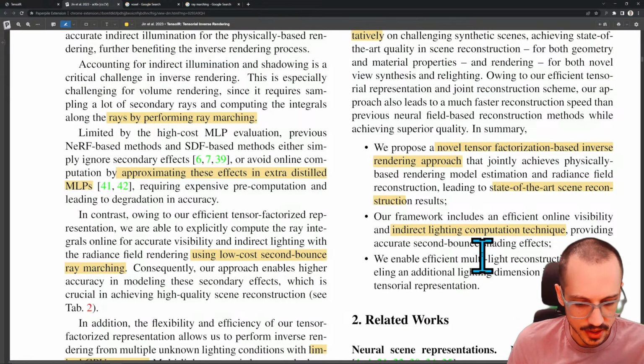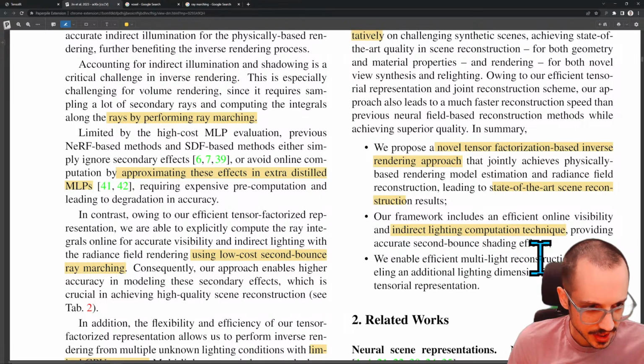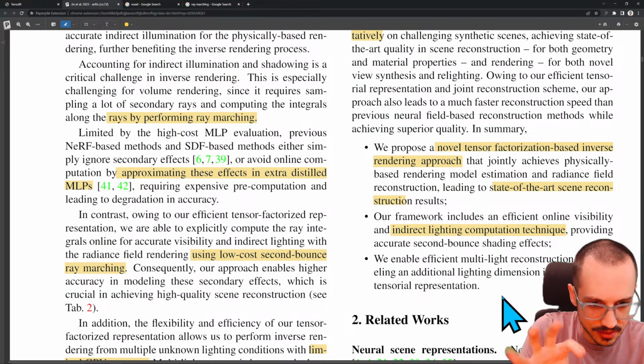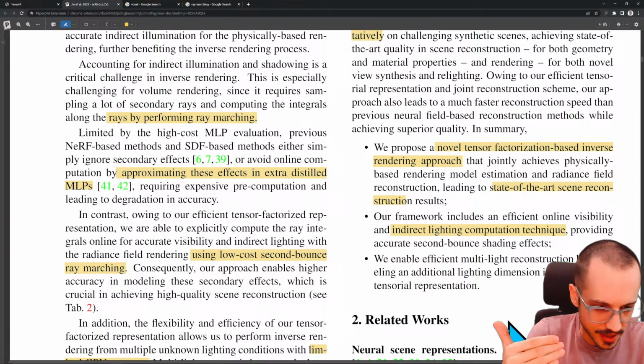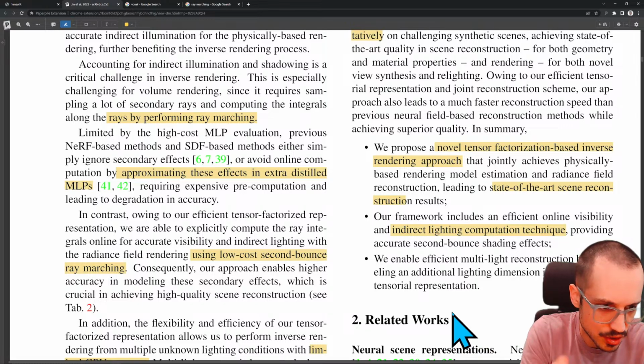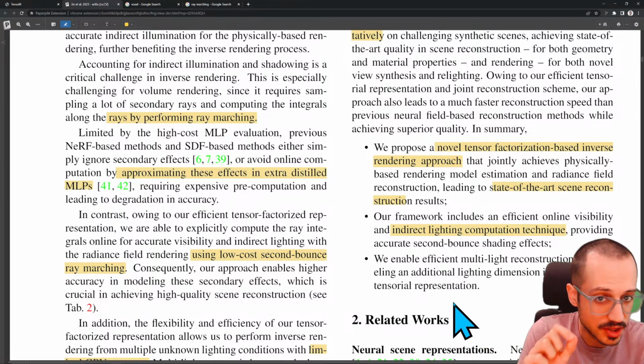It's not a NeRF, I should call it the TensoRF, right? And we enable efficient multi-light reconstruction by modeling an additional lighting dimension in the factorized tensorial representation. So kind of adding a dimension in, I don't know if latent space is the right word, but kind of in the manifold that this MLP predicts, such that you can move along that new dimension and change the lighting.